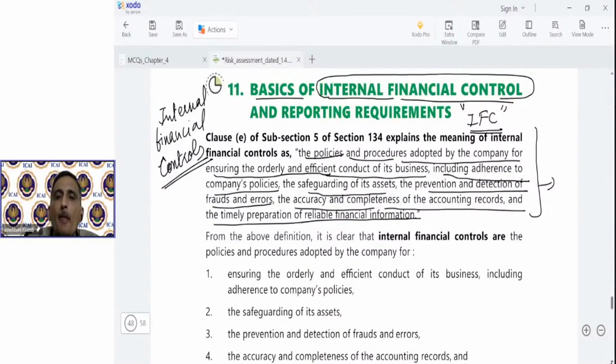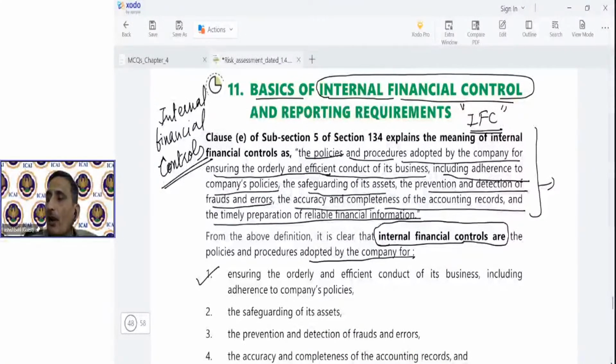So from the above definition, it is clear that internal financial controls are the policies and procedures adopted by the company for, number one, ensuring the orderly and efficient conduct of its business, similar to efficiency and effectiveness of operations in internal control.